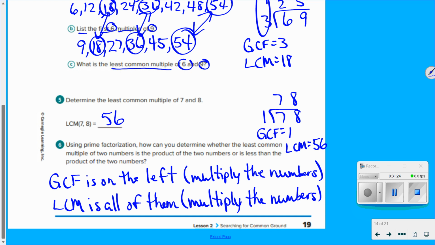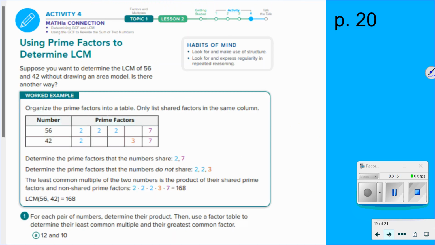But I'll be honest, one of the biggest issues is once you've built that table, remembering, am I pulling the ones that are the same for GCF, or am I pulling the biggest of all the different ones to get the LCM? So to me, it gets way more confusing. If you guys will just focus on your 4 key numbers, 2, 3, 5, and 7, and do the cake, it lays it all out for you. Okay, let's go ahead and go to page 20.